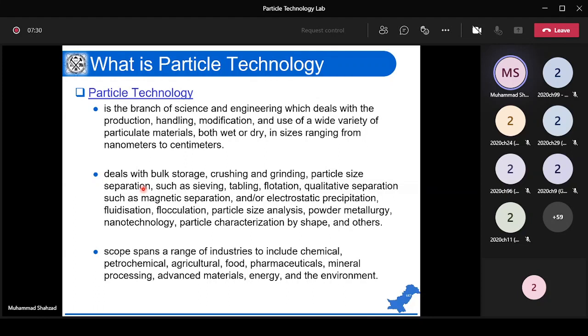So in this lab, we are going to study these initial processes: crushing and grinding and particle size separation, right? So these are our main targets. And how we are going to study it, there is a list of experiments I'm going to share.